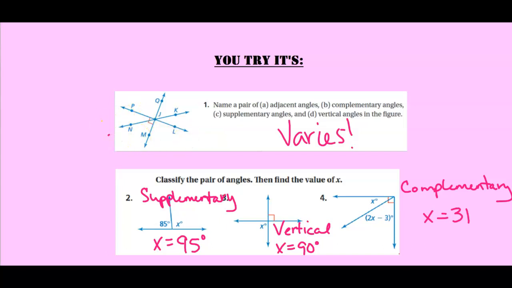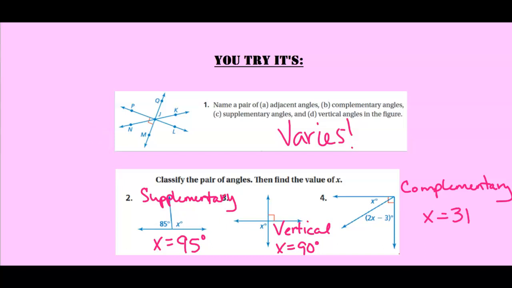Or I could say PJM and MJL, those two right angles. And there's a couple more here. I could go and take a look at, hey, here's a straight line, so two angles that form that one. Okay. Once again, for supplementary angles, just make sure we're adding up to a straight line.